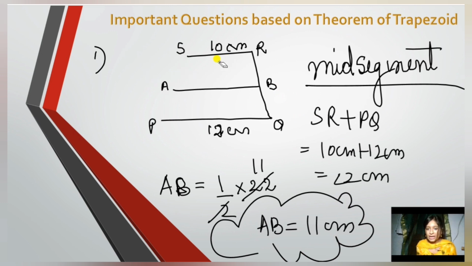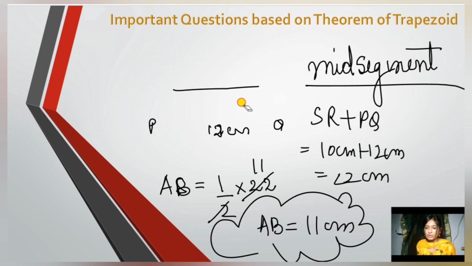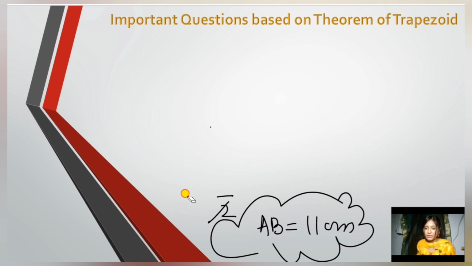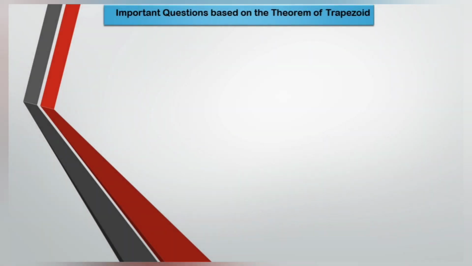Now again I'm forming one more quadrilateral, a trapezoid, which is very popular and very important. If you have not understood the concept right now, focus on this question, and definitely you will be able to understand. This is the second question after the first one we have done.